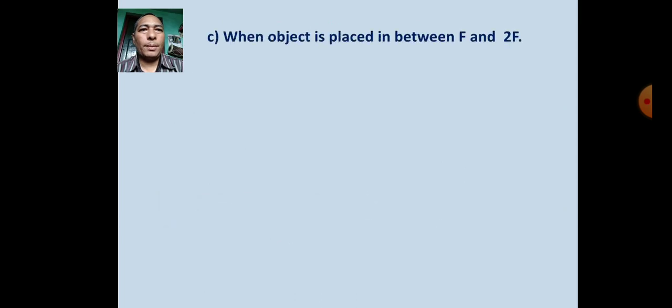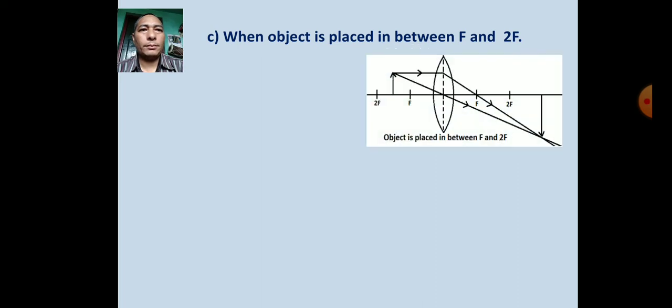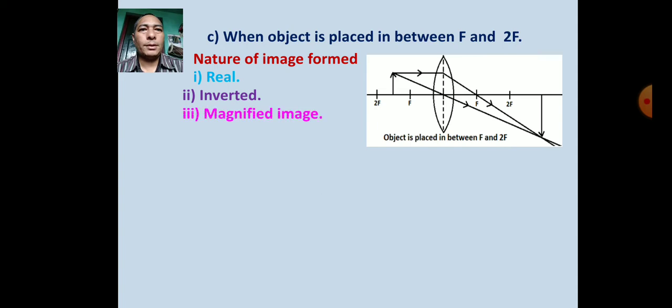C. When object is placed in between f and 2f, nature of image formed: 1. Real. 2. Inverted. 3. Magnified image. 4. Formed beyond 2f.